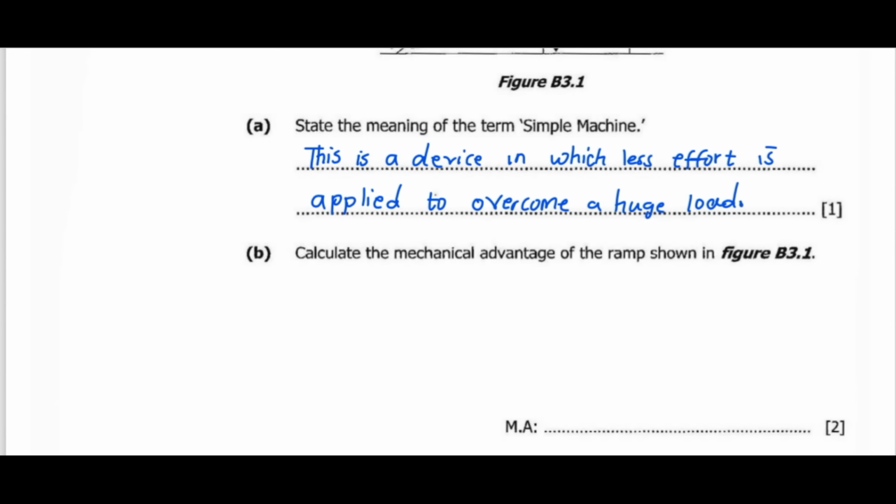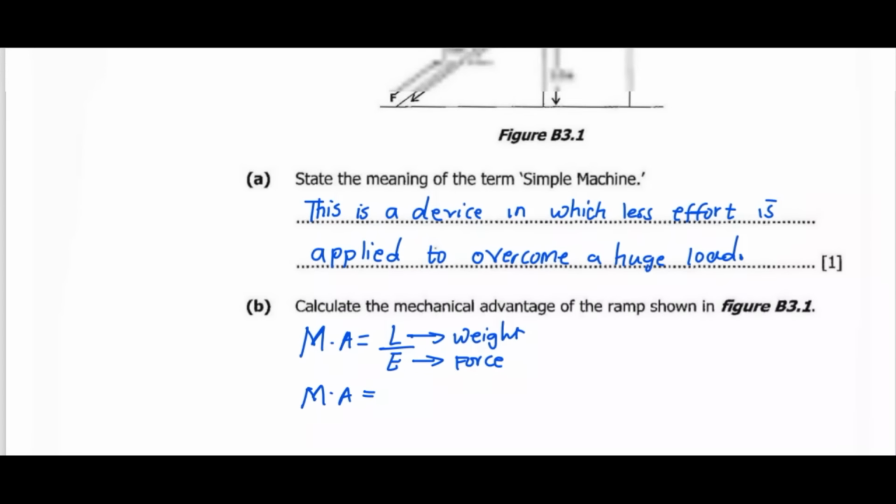Now for question B, we want to find the mechanical advantage. The formula for mechanical advantage is equal to load over effort. The load represents the weight of an object. Then the effort is the force that was applied. A machine cannot work without the effort, so we need to apply effort.